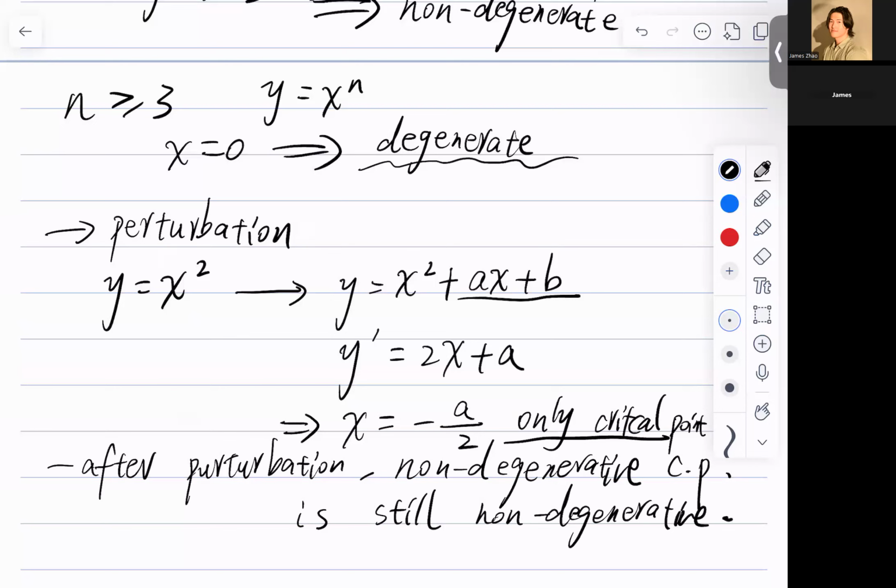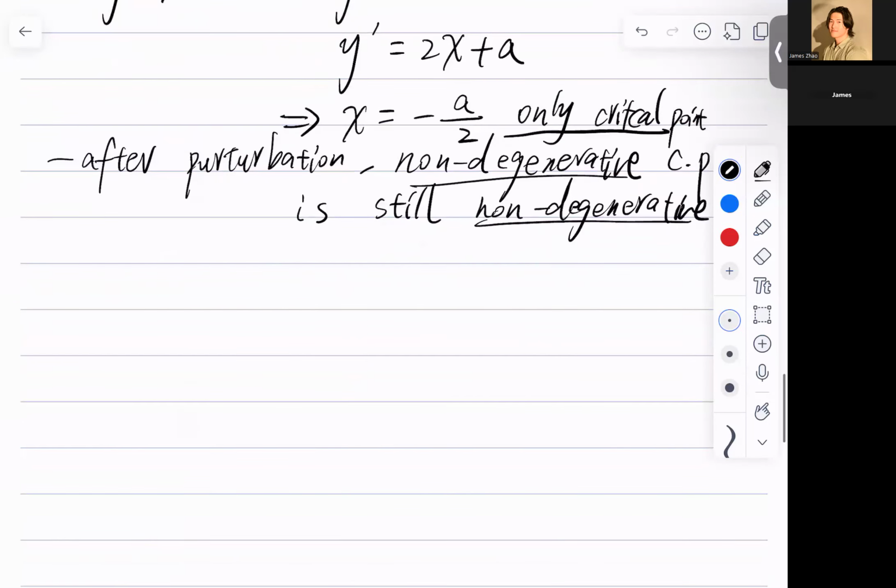Right? So this example is pretty straightforward. And let's compare with a case of a degenerate one. So let's just make this polynomial to the power of 3. Because we know if n is greater or equal to 3, then the critical point becomes degenerate. So let's just make n equal to 3 and look at the cubic function.